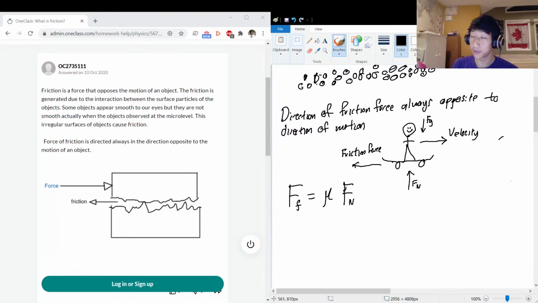But there are different coefficients of friction for whether you are already moving or not moving. So we have mu s, and this is static friction.